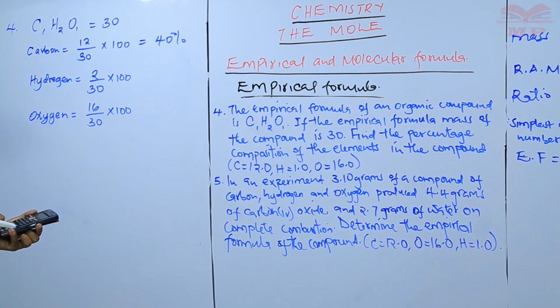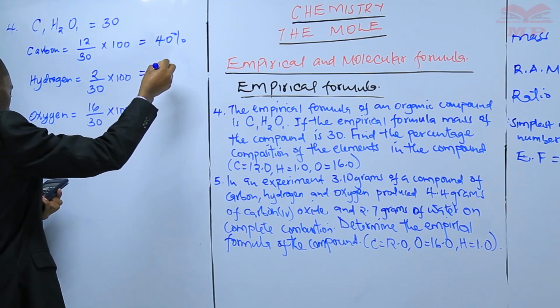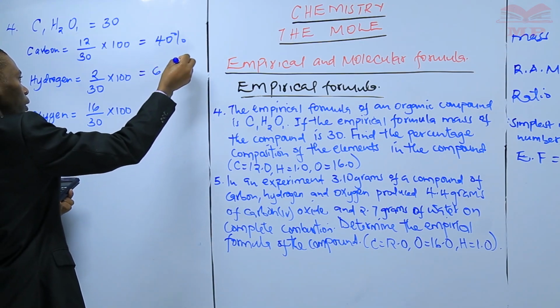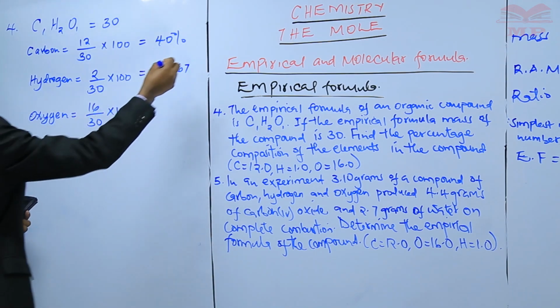This is 2 divided by 30, which is 0.0667. Then you multiply by 100. It gives you 6.667%.